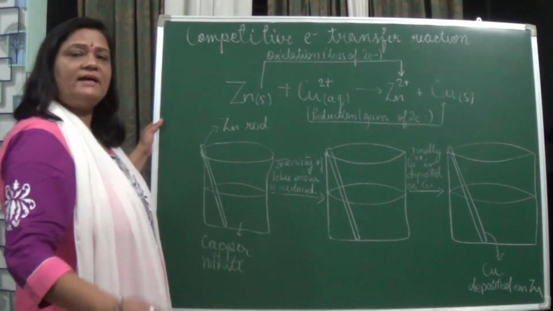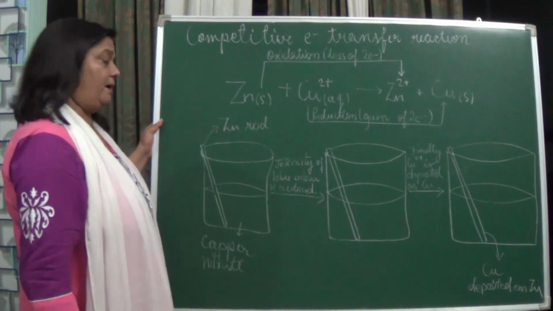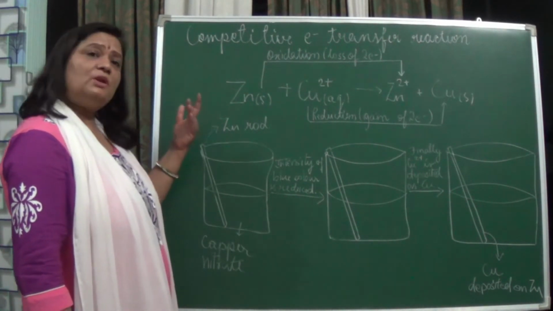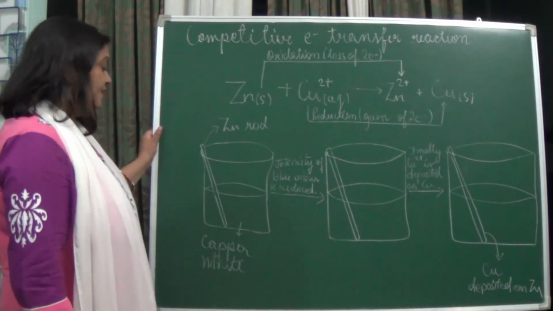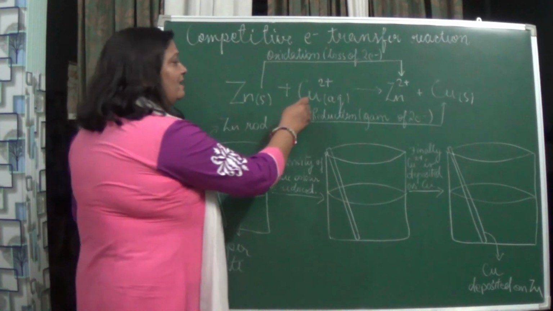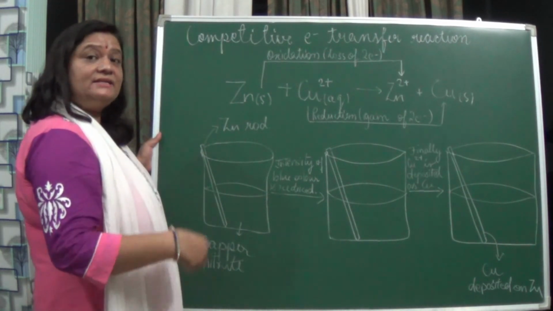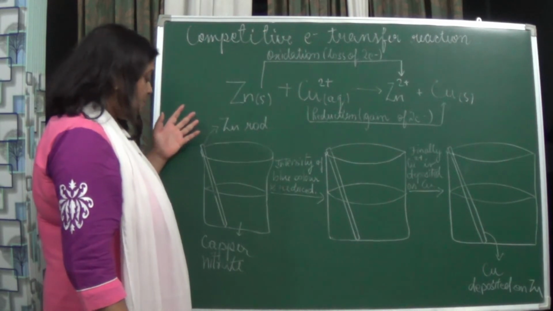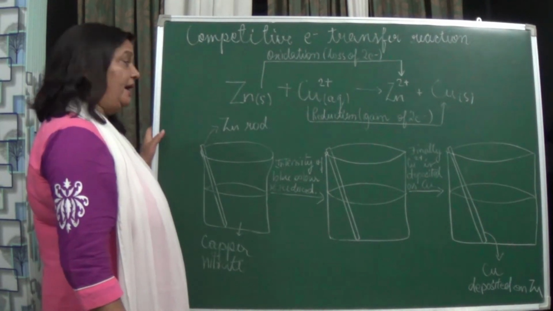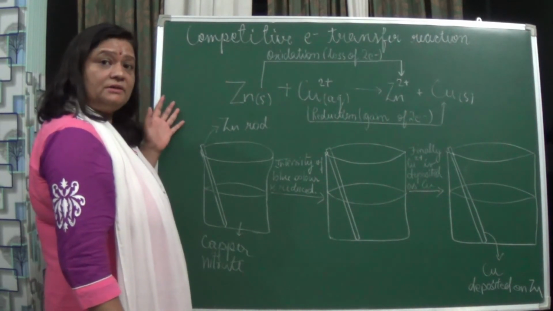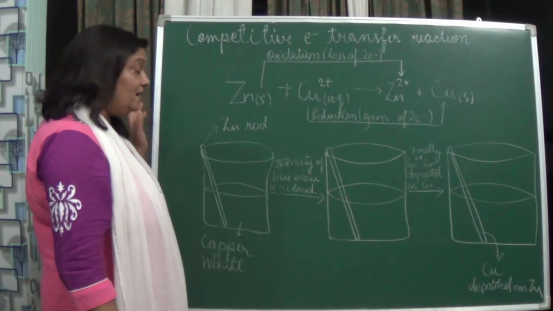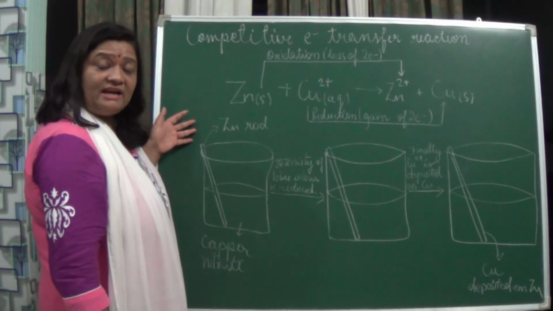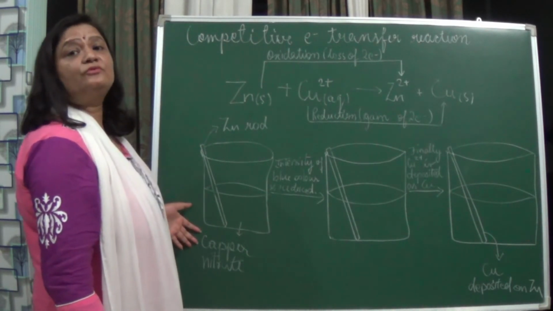Why has this happened? What is the reason behind it? Zinc has lost the electrons, and those electrons are taken up by copper, which gets reduced. Why has zinc lost the electrons and copper taken them? This can be understood by the electrochemical series. The potential of zinc to lose electrons is more than that of copper.